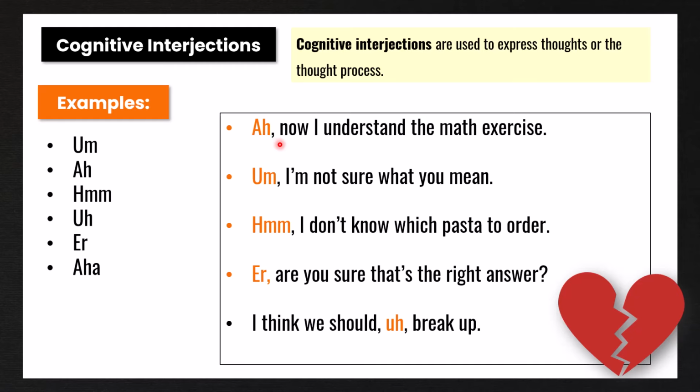It just depends. Sometimes with the cognitive interjections, we might even use an ellipsis if we're trying to demonstrate that we're really thinking about something. Hmm... I don't know which pasta to order. There are many different ways to punctuate interjections.